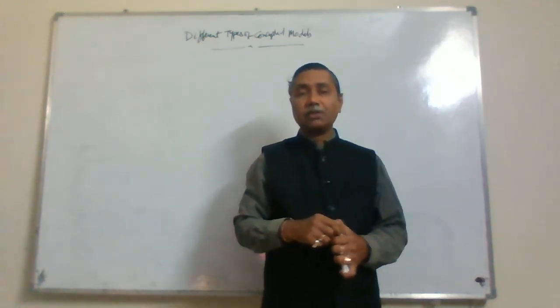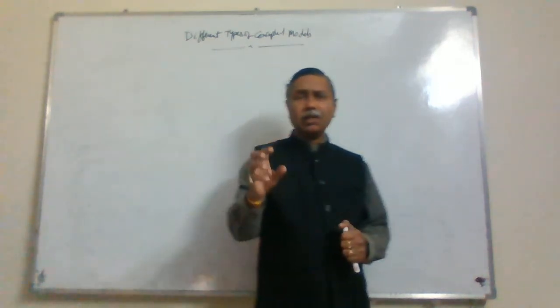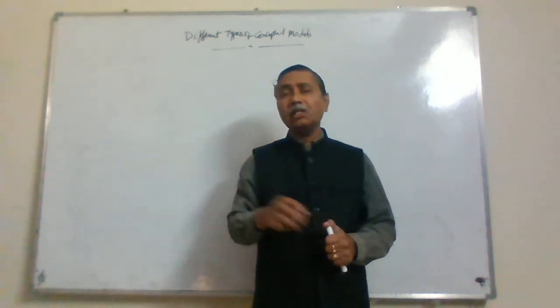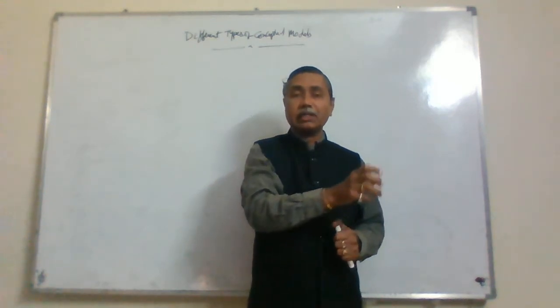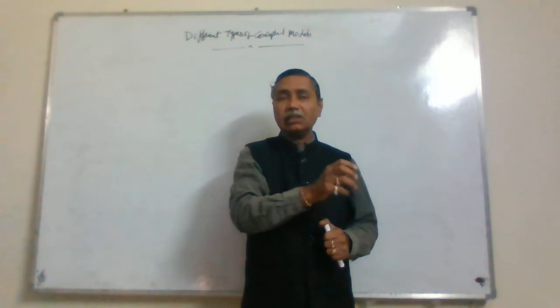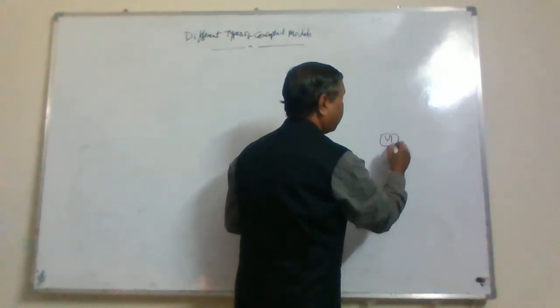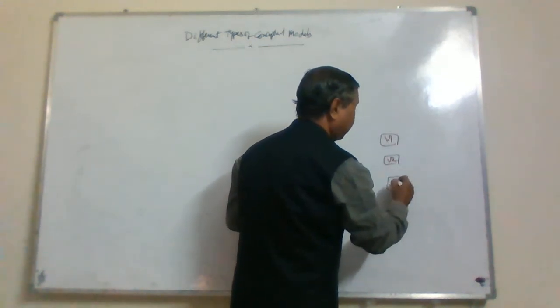In other videos I have explained how to develop a conceptual model. First, you gather the collected literature, then go through the key papers and note down the different variables: V1, V2, V3.